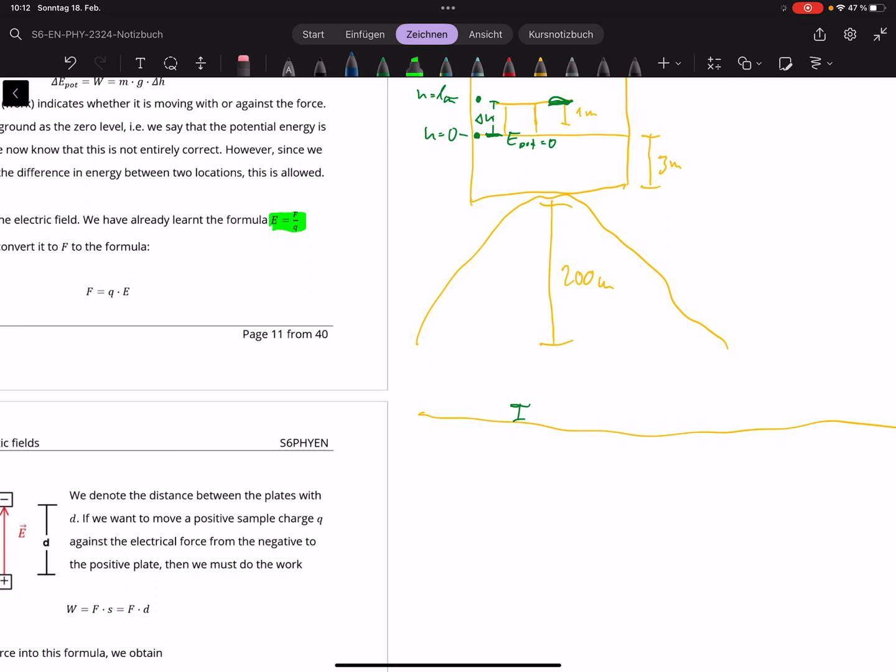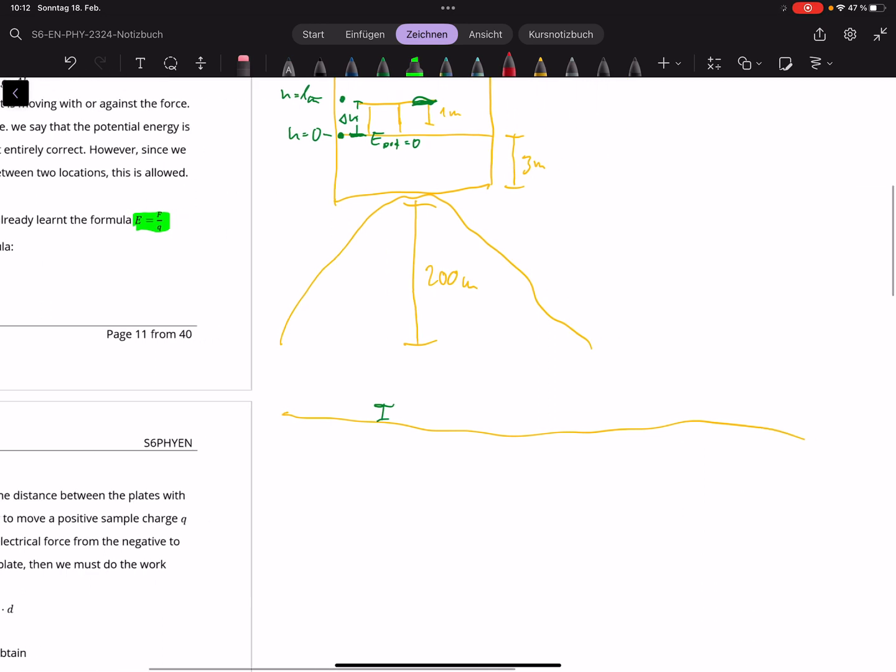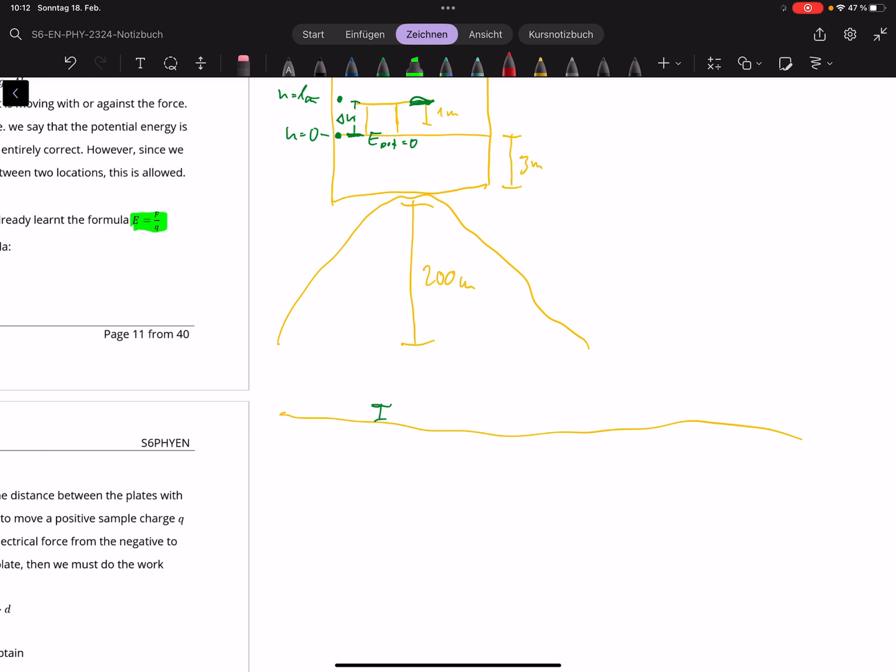So again, looking at the gravitational field, we say F is equal to m times G. So G must be F by m. And that was originally the definition of the field strength.